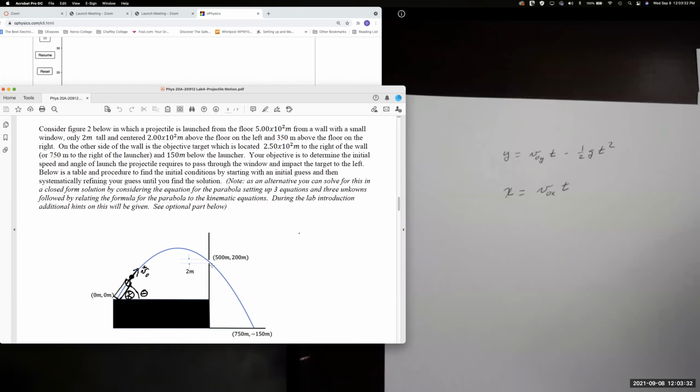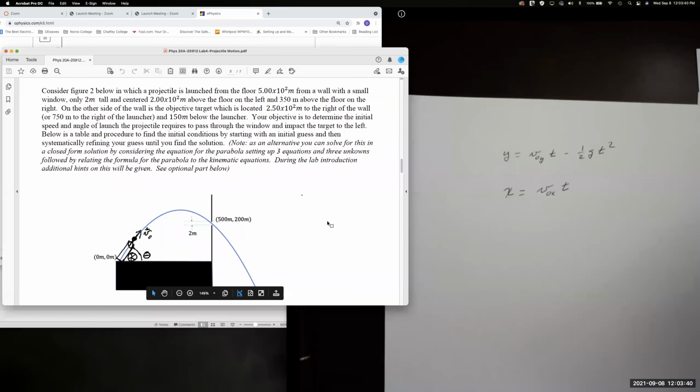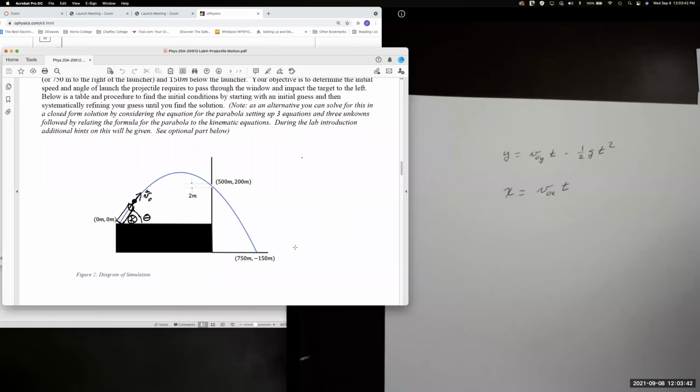Okay. And I want you to hit a target down here, 750 meters in the horizontal away, but it's actually going to be below where the cannon was by minus 150 meters.